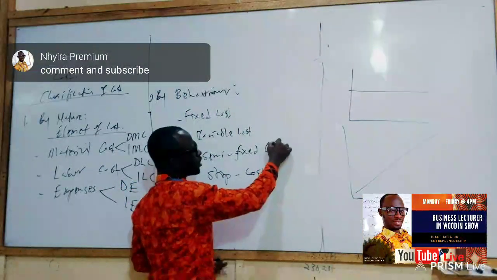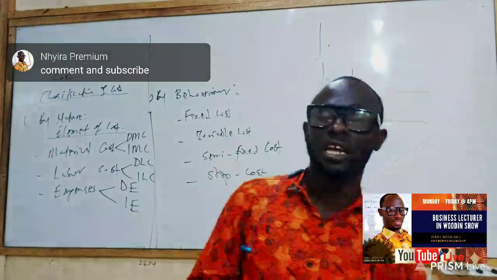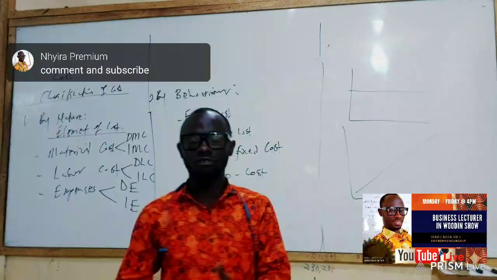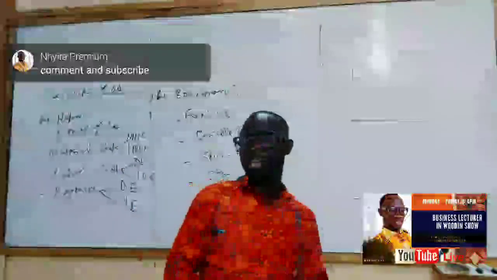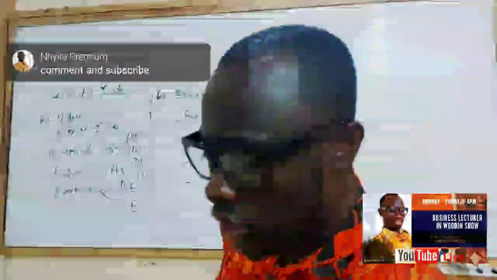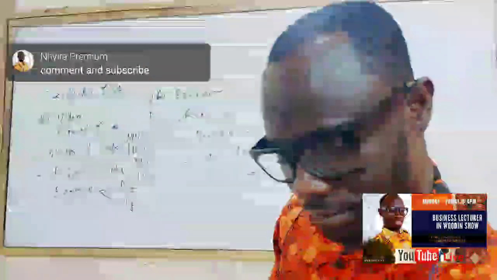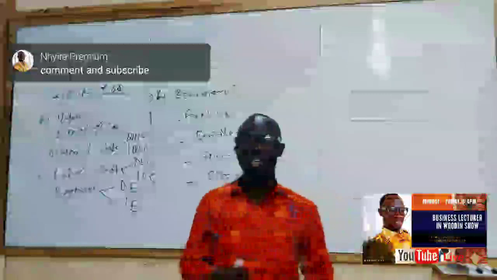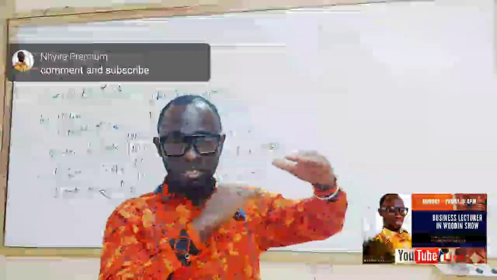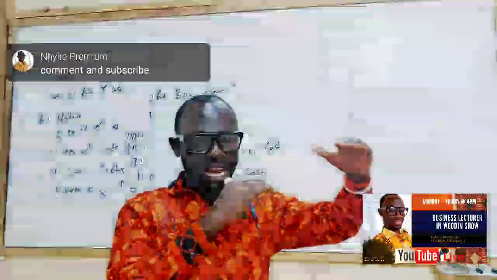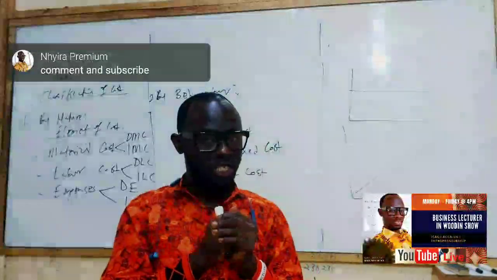Then we come to semi-fixed costs or semi-variable costs. These are costs that are partly fixed and also partly variable. Now with step costs, the idea is that it is a cost that is fixed for a given output level but becomes variable when the output level changes.